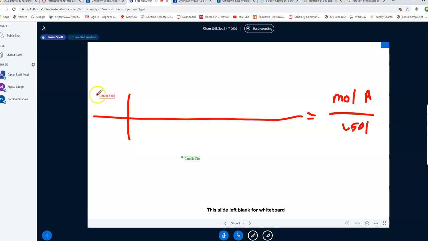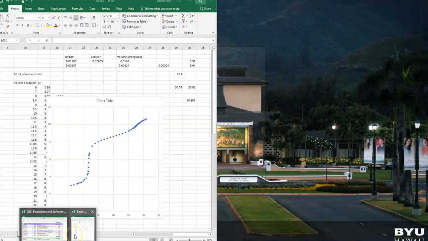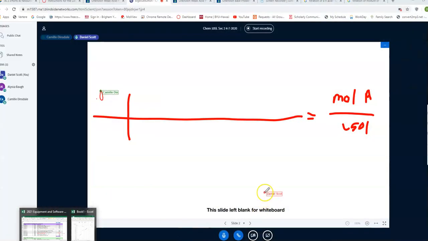All right. So, what goes here? It wouldn't be liter, like the liters of what did we use? The NaOH. Yeah. Go ahead and you can start filling that out there. Okay. What was the first one? I didn't get it written down. 17.4. So 0.0174 liters.